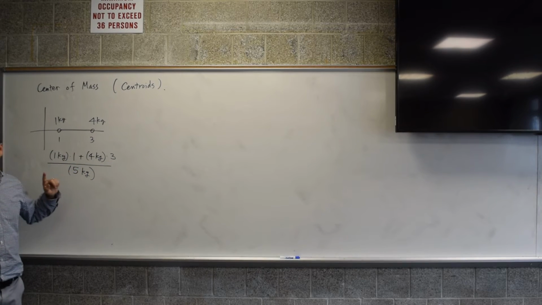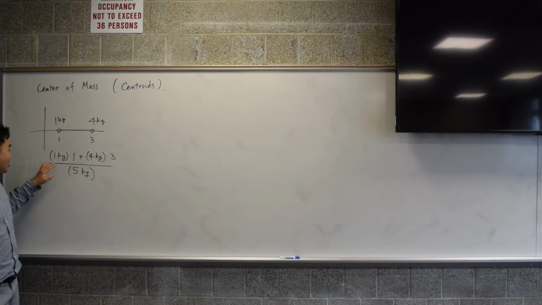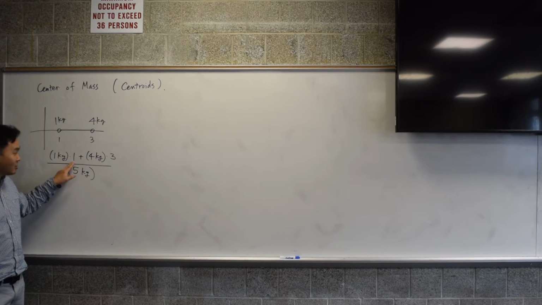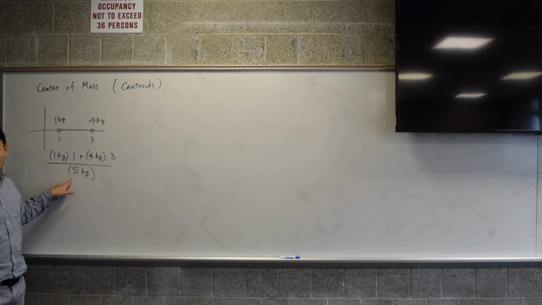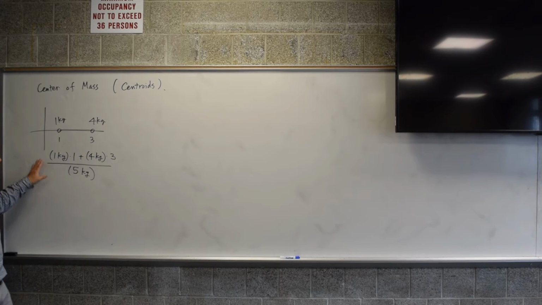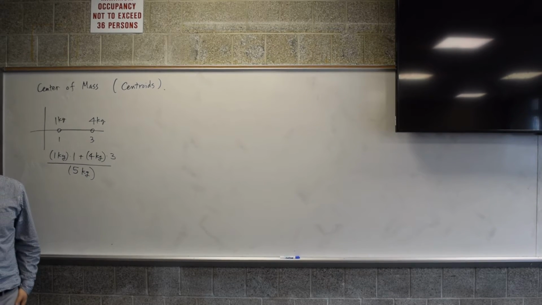And then what's your grade point average? Well, how do you calculate it? You do 1 credit times 1 plus 4 credits times 3, and you divide it by the total number of credits, which is 5, right? That's how you calculate the weighted average. You've done this before, right? So you know what it is. And I'm saying that weighted average actually gives you the center of mass. That's how it works, okay?